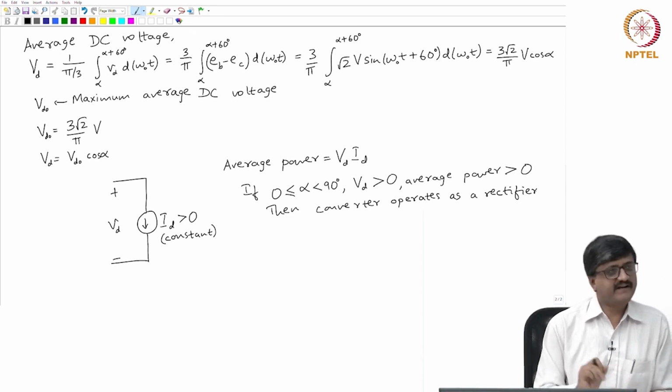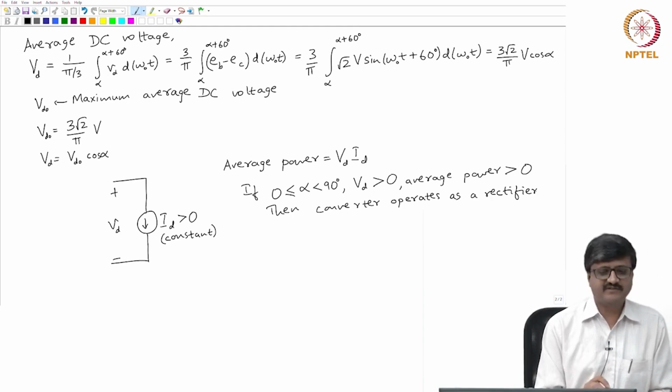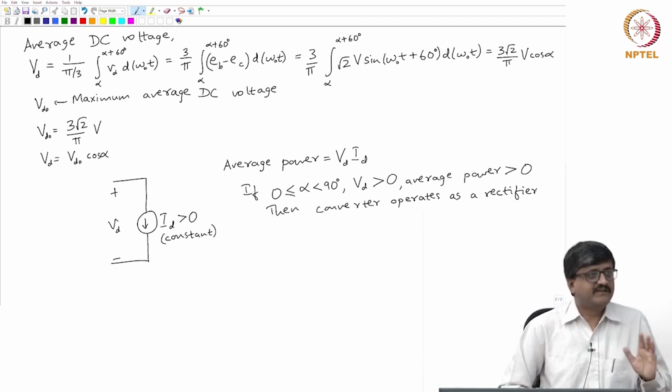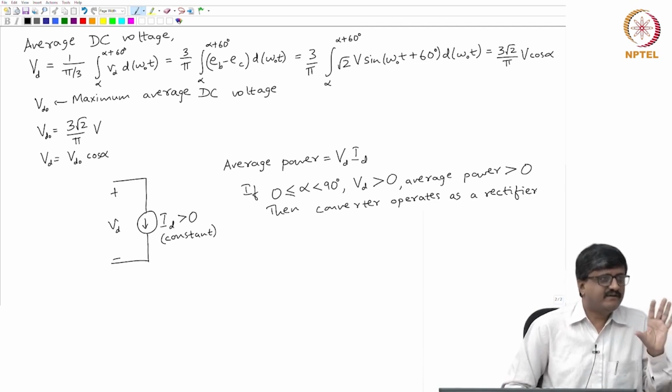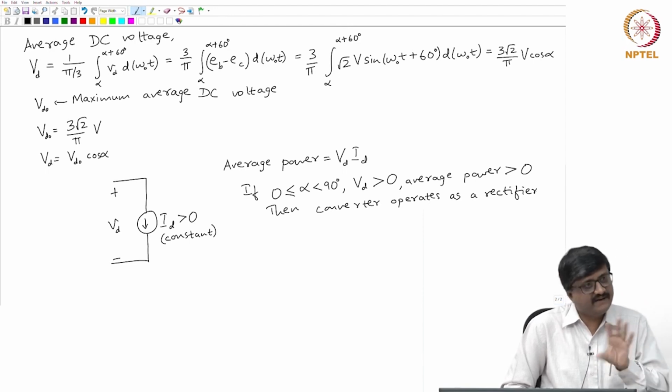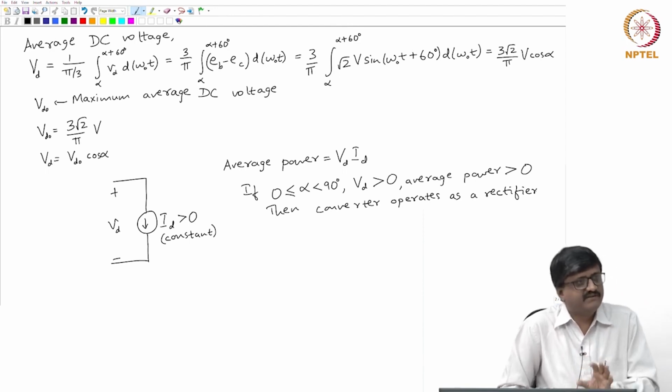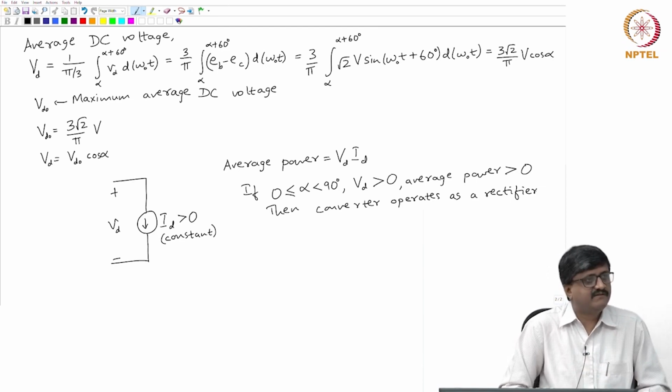On the DC side current is constant, but the voltage on the DC side is not constant. Similarly, what about the current on the AC side? The currents are not sinusoidal. So, on the AC side voltages are as required, ideal, but currents are not sinusoidal. On the DC side current is ideal by our assumption, it is constant, but voltage is not ideal.